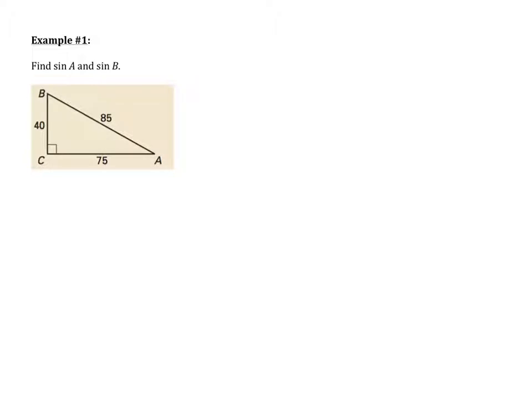It says find the sine of A and the sine of B. Again, do not read that as sin. So for sine of A, we would start with this angle here. The side opposite A is 40 and the hypotenuse is 85. The sine of A, remember, is opposite over hypotenuse, so 40 over 85. You want to make sure you put that in lowest terms, so that would be 8 over 17.